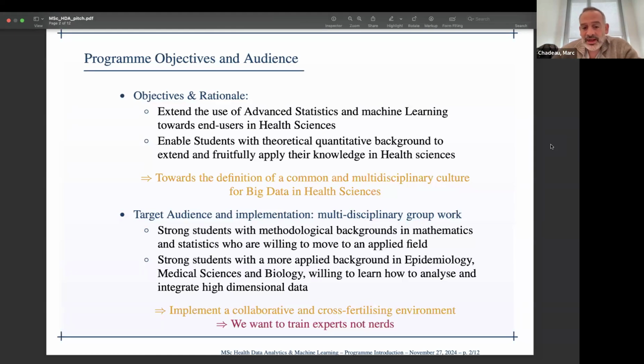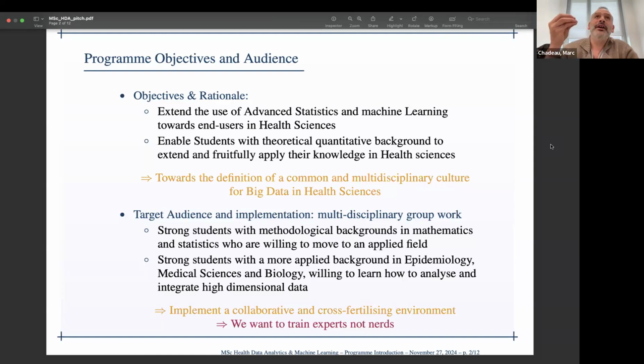So at the end of this slide, I wrote a sentence which can look like a joke: that we want to train experts and not nerds. Although it's a bit of a pun, we really want people using more complicated and more subtle methods, not for the sake of using complicated methods, but with critical judgment and critical thinking on what approaches to use to better answer research questions.